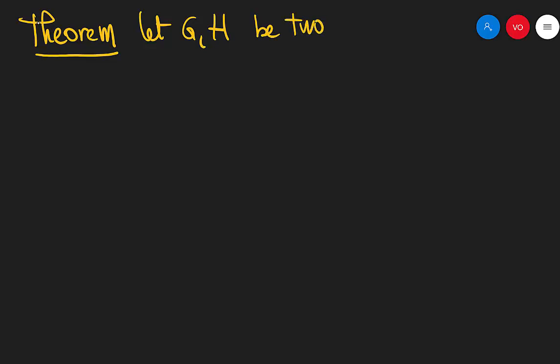Our next result is stated as follows. Let G and H be two groups which are cyclic.